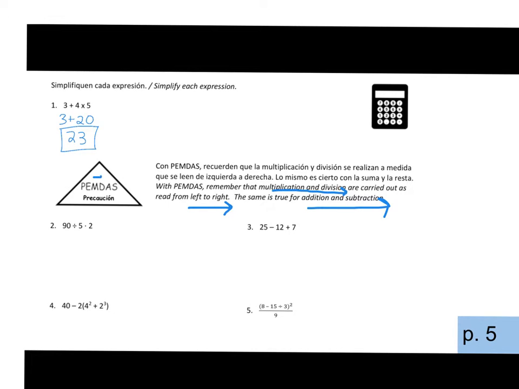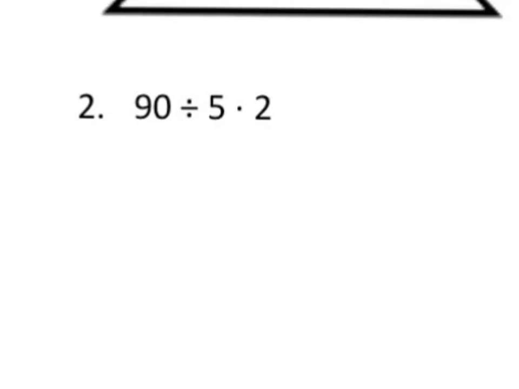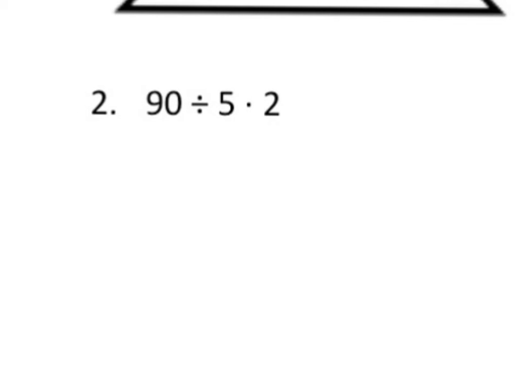These are all from left to right. So here we have an example in number 2 where we're going to need to go from left to right because we have division and we have multiplication. They're in the same box, so that's why they go from left to right.